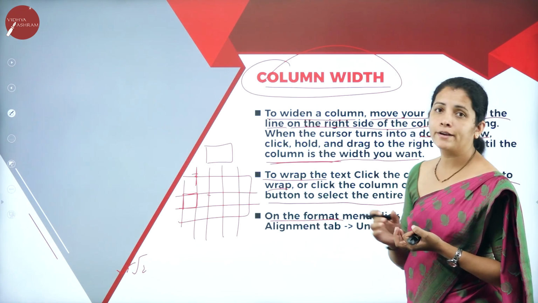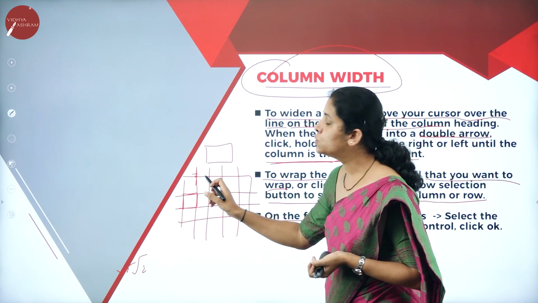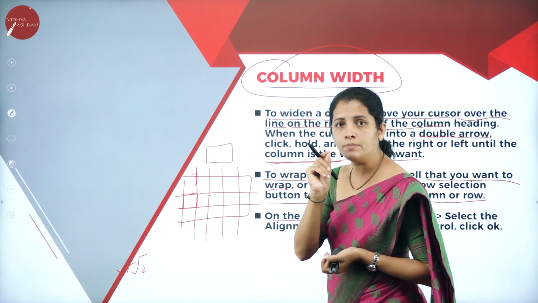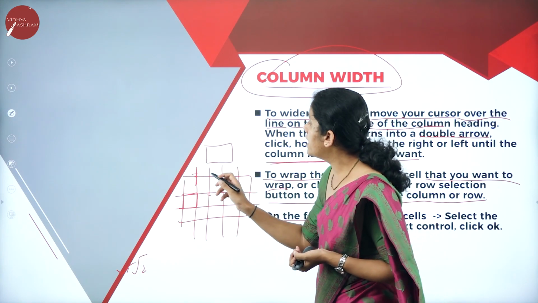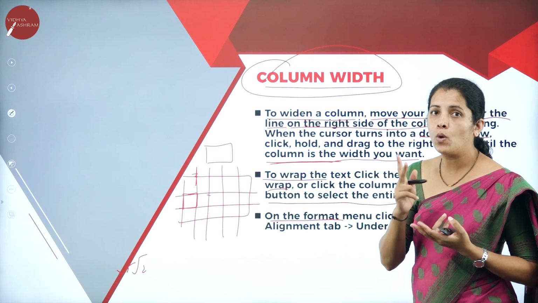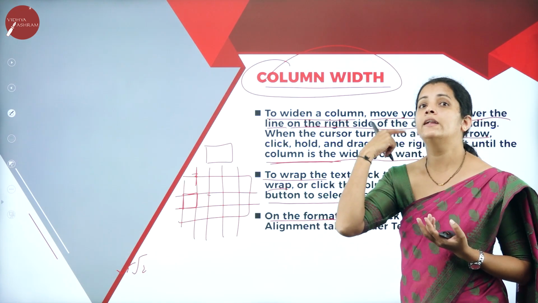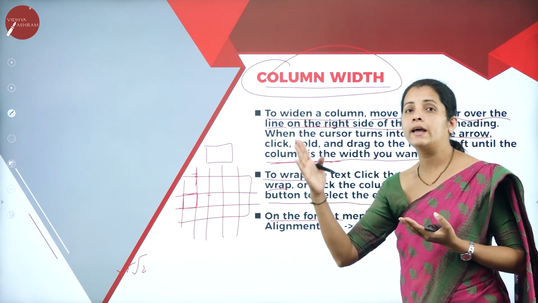To widen the column, I want to move the cursor to that particular column's right side, and when the cursor turns into a double arrow, I want to hold that line and drag towards the right.